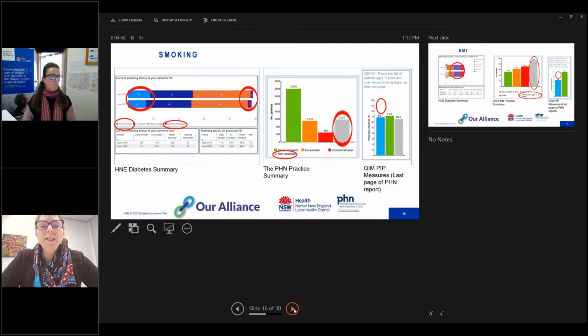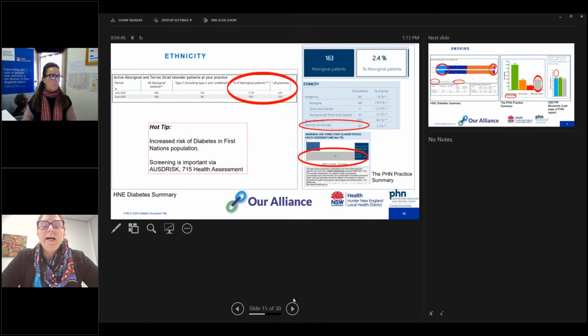But you can also see in your, Morag, you can also see in your normal report that ethnicity across the generic report may not be identified in this particular practice, 157 patients. And that just means that the 715 health assessment is probably not going to be attended, which is where we screen for disease. So ethnicity is very important to record.